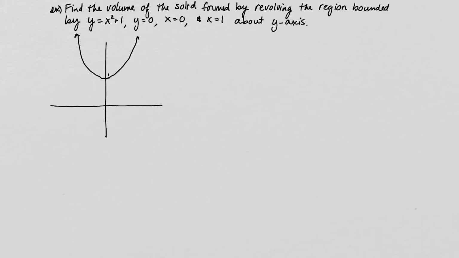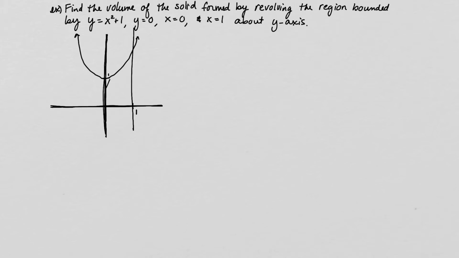Y equals 0 is the x-axis. X equals 0 is here, and then x equals 1 is here, so this is 1 on the x.